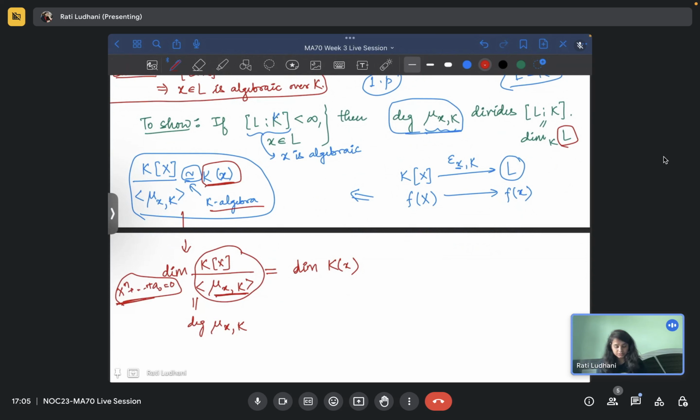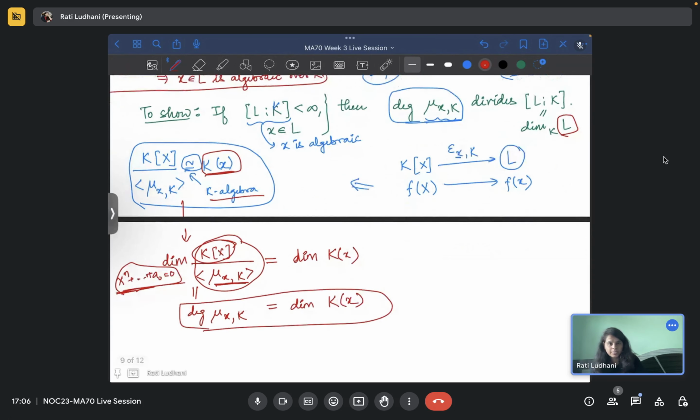This is because K is a field, so K[X] has the division algorithm property, and from this remainder idea you can write this. So the degree of mu_x,K is equal to the dimension of K[x].